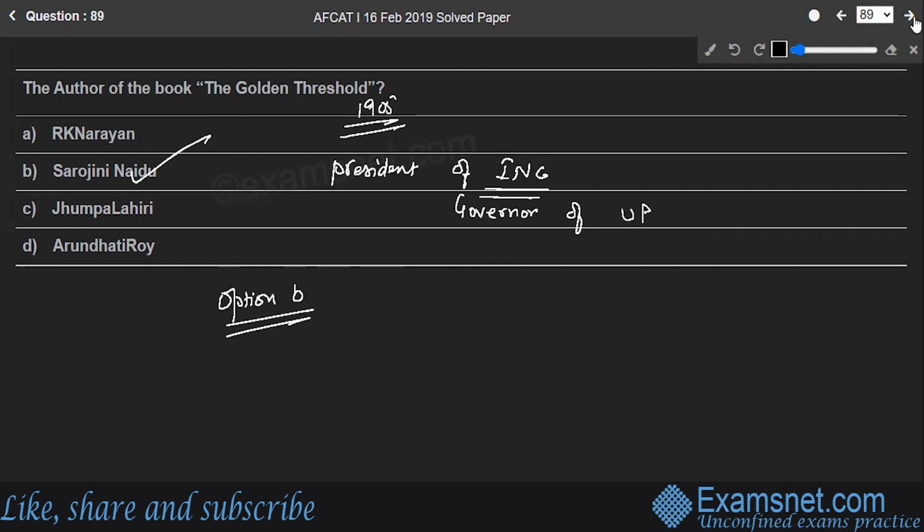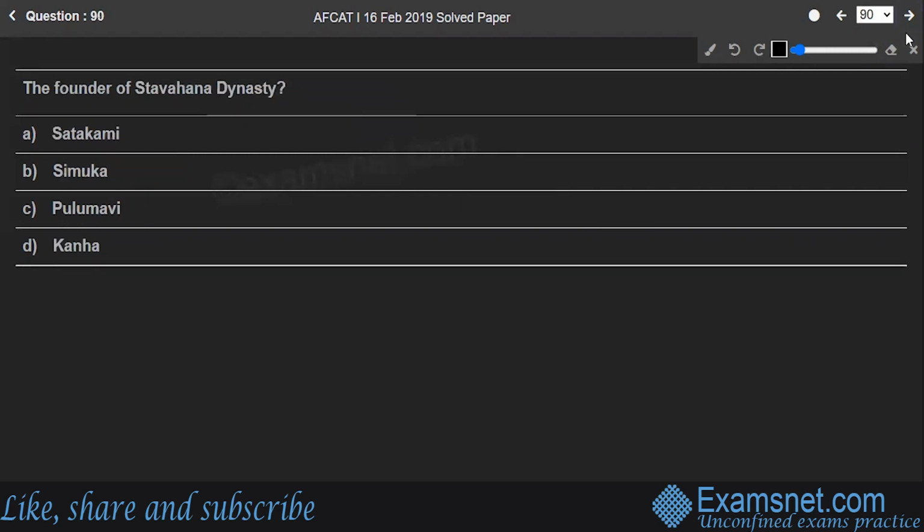Hope you are clear. Let's move to the next question, number 90. It says the founder of Satavahana dynasty is Satakarni, Simuka, Pulumavi, or Kanha? Well, the correct answer to the question is Simuka.